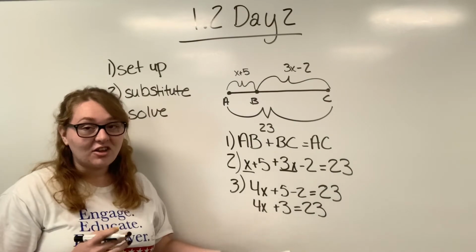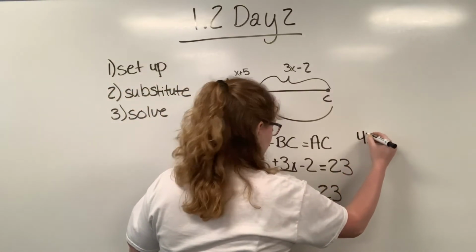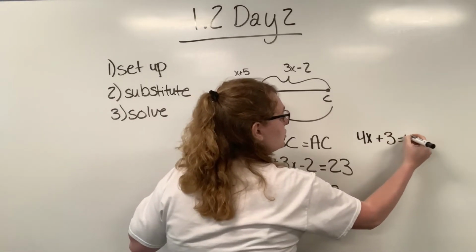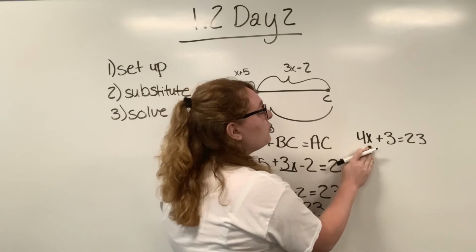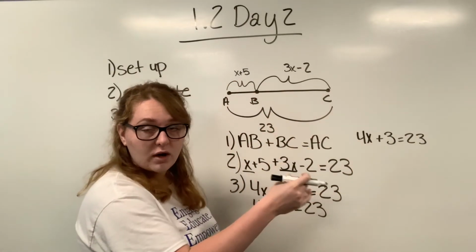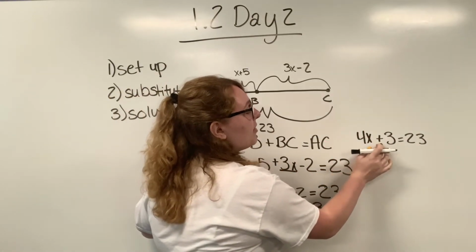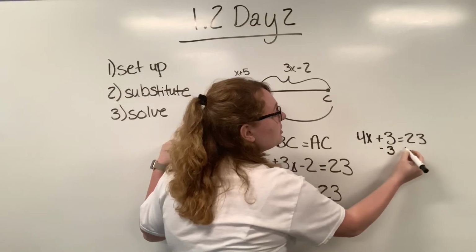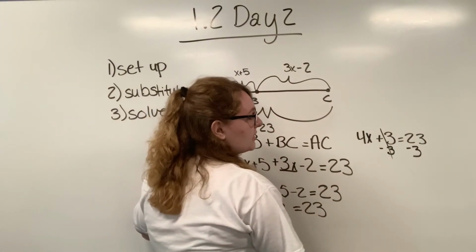Now that's starting to look like algebra we've already done. We have 4x plus 3 equals 23. And just like in algebra, we want to move from the furthest from the variable to the closest to the variable. So since 4 is touching the variable, we want to go out here to this 3. The opposite of plus is subtraction, so we're going to subtract 3 from both sides. These are going to cancel.